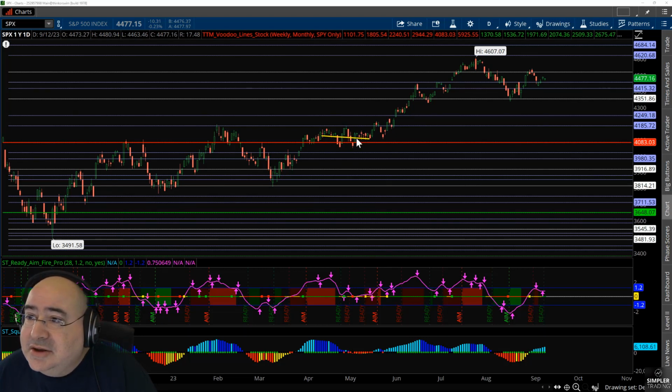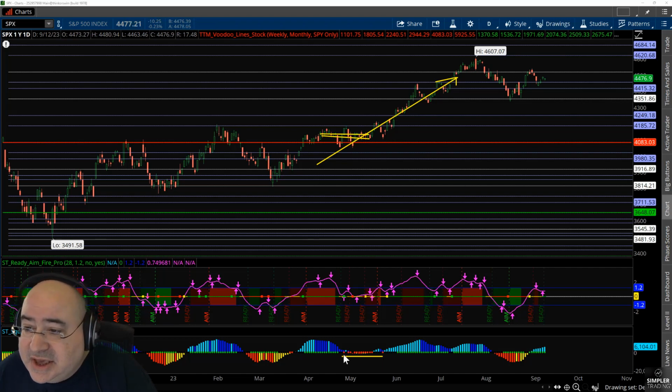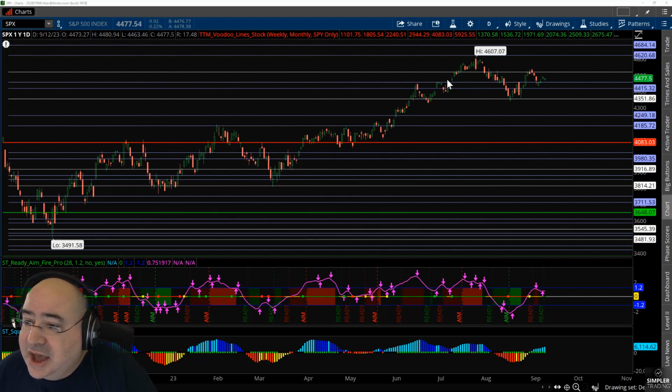You can see there was some consolidation here in April and May before the S&P resumed its uptrend. And if you do track the squeeze, you can see these red dots here that formed, showing that we were in sort of sideways action, squeezing with volatility coming out of the market before resuming the uptrend.